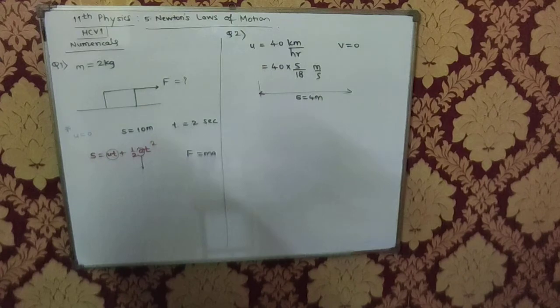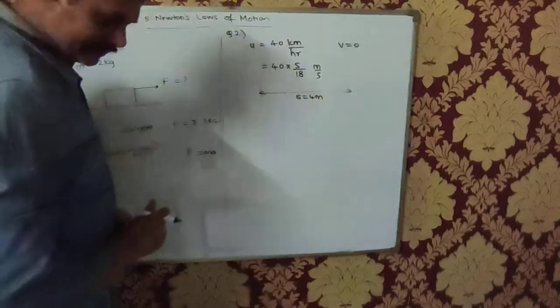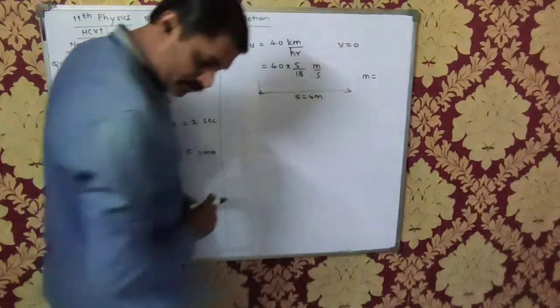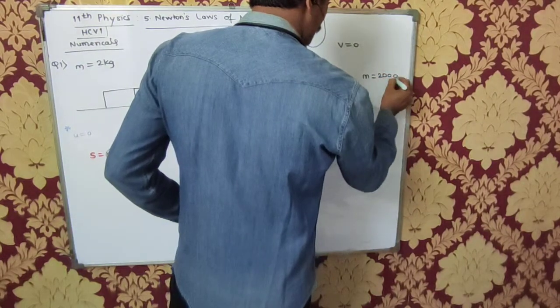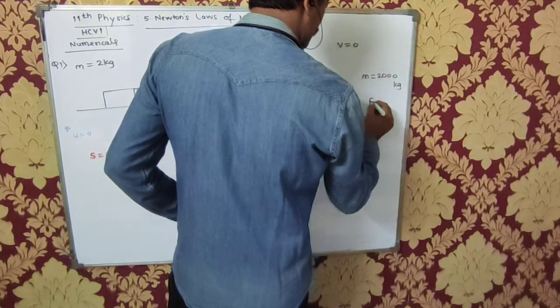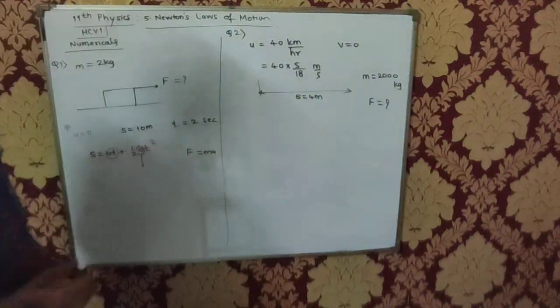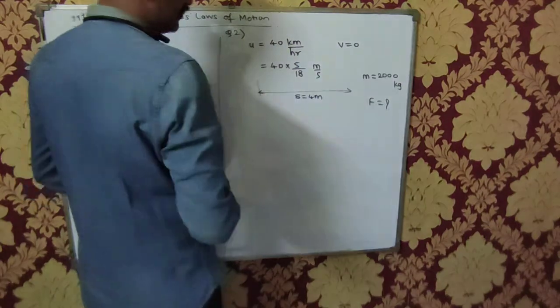If the car weighs 2000 kg, what average force must be applied on it? Car weighs 2000 kg. What average force? So once again, F is equal to ma. It will be the deceleration.